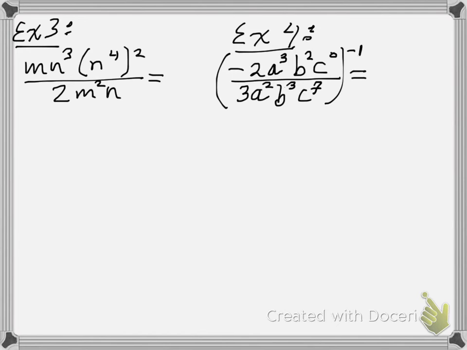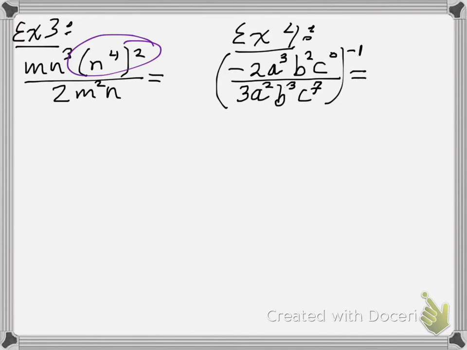All right, I have 2 more examples for you. So in example 3, here we start with a quotient with some division. And I notice I have m's on the top and m's on the bottom, n's on top, n's on the bottom. So I'm looking to try to do some canceling or some subtracting between exponents. First, I'm going to deal with the power raised to the power on top, because then once I know that exponent, I'll be able to combine it with the n's on the bottom.